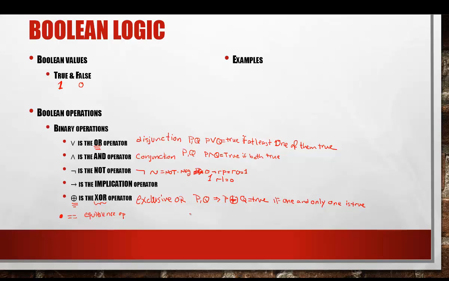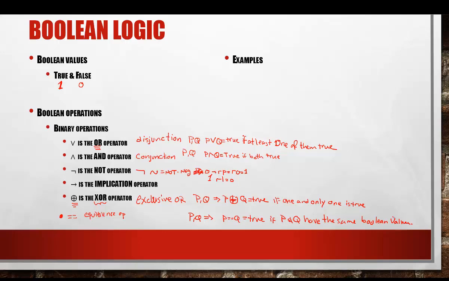So if you have P and Q, then P equal Q is going to be true if P and Q have the same Boolean value.